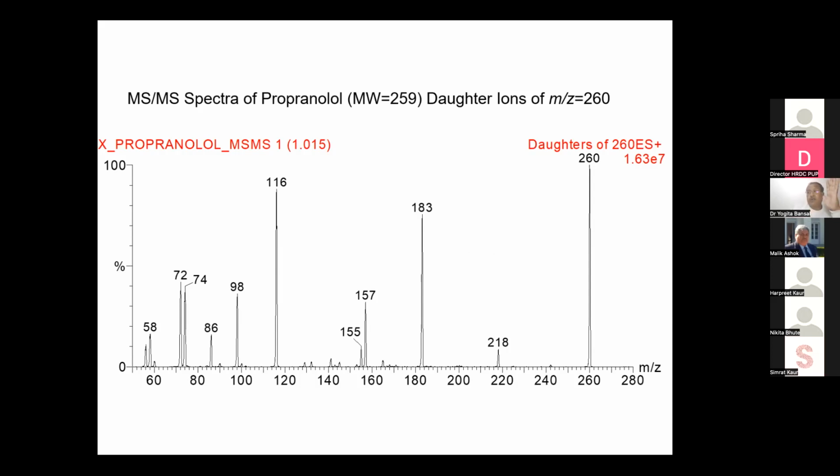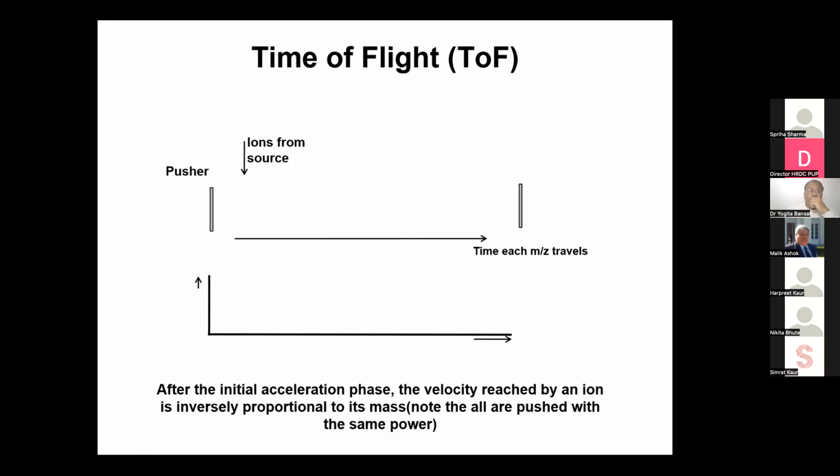If we record the mass spectrum of a compound, for example propanol, in electron impact mode, it will have a particular fragmentation pattern, so that is a fingerprint. Similarly, if we record the mass spectrum of propanol in ESI mode, then it will be a fingerprint of propanol in ESI mode. Therefore, they are used for qualitative purposes from that point of view also.